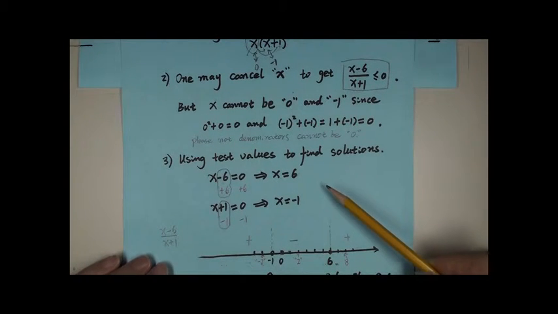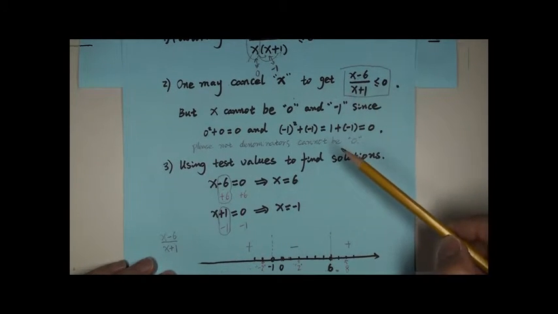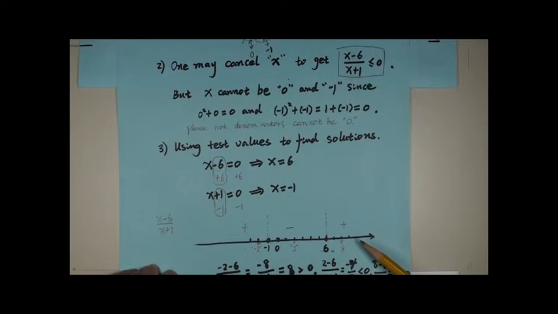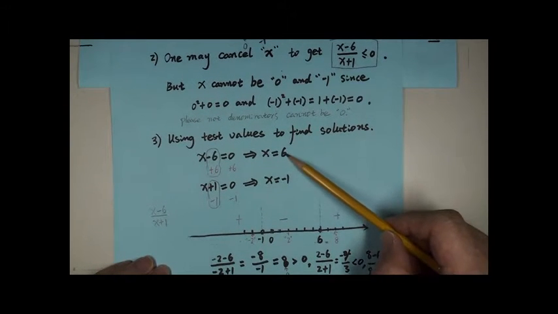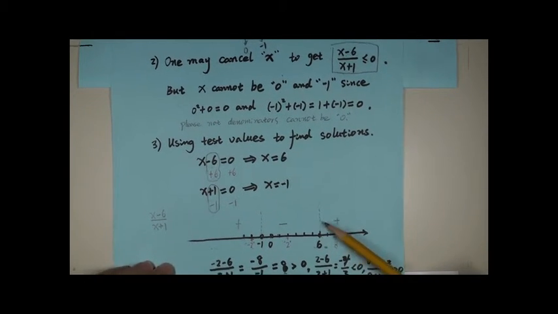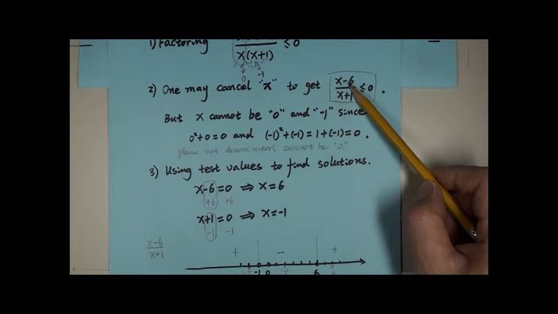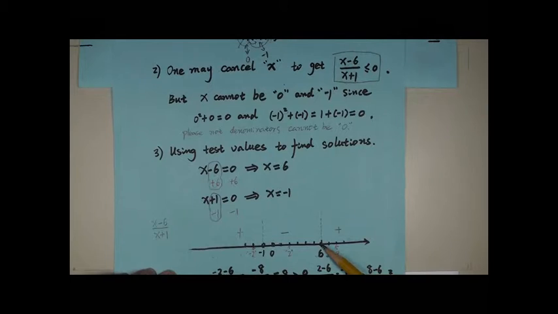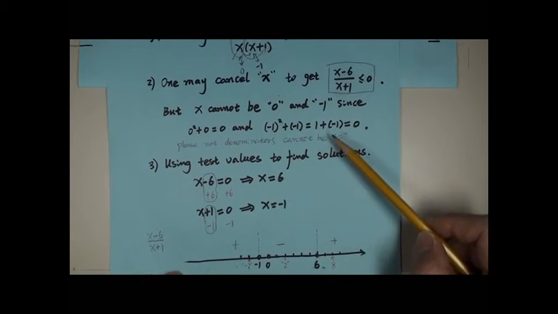We got those two roots for the different polynomials. We want to mark them on the real number line. x is 6 here, and 6 should be included because 6 minus 6 is 0 and the numerator can be 0, so 6 is a solid point. Negative 1 is not included.